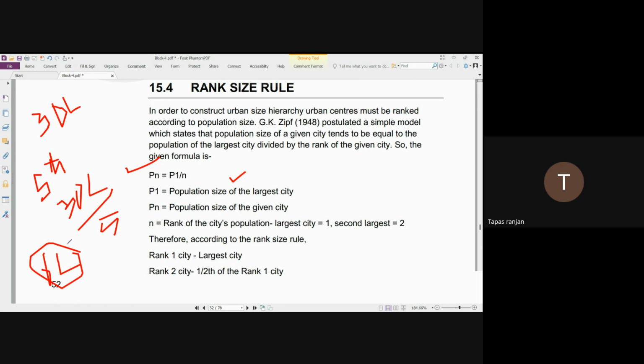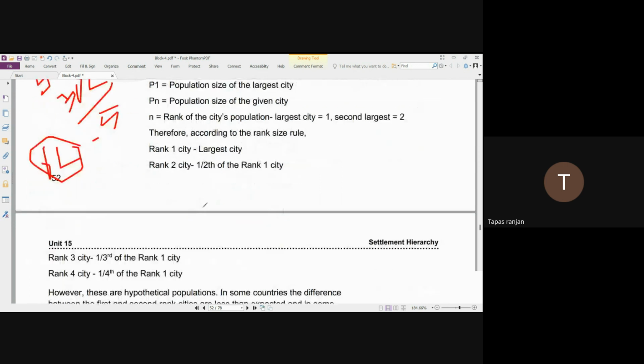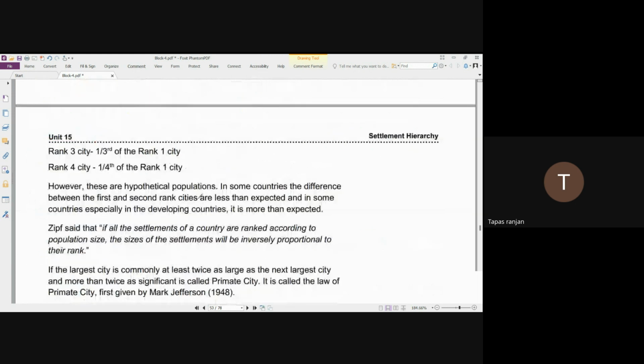So the population size of the fifth largest city of that region will be around 6 lakh. And this is basically hypothetical population, and the exact population will definitely vary.